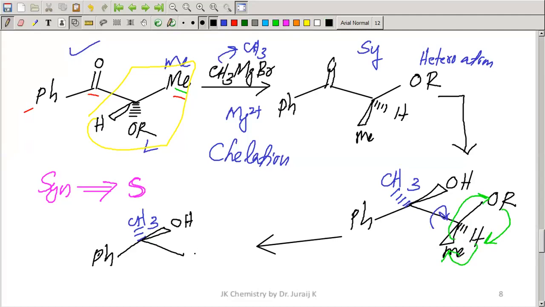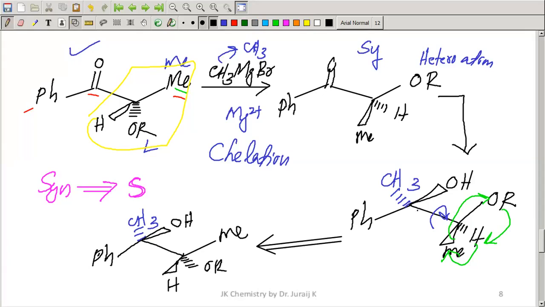So if you do clockwise rotation, your Me will be in the plane of paper, OR will be in dash, then H will be in wedge. Okay, so this is the answer. You can convert like this way. Structurally, both are the same.